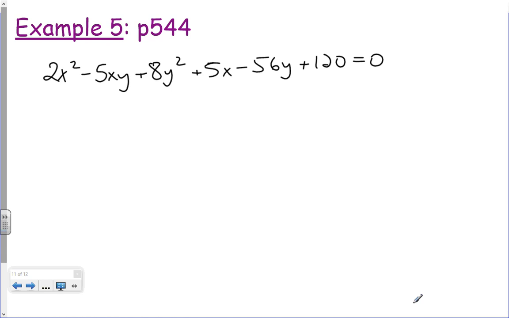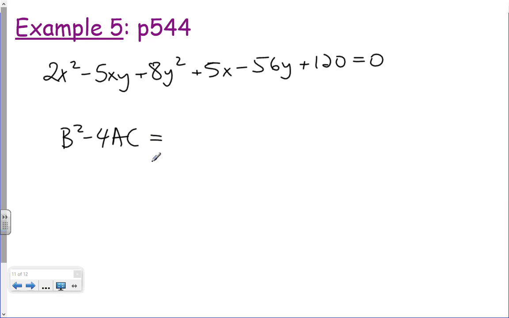All right, so let's determine the type of conic by calculating b squared minus 4ac and then determining from there what kind of conic it is. And I would suggest from this point forward that this is how you always determine your conic. Even when b is 0, always calculate it this way. B squared minus 4ac.